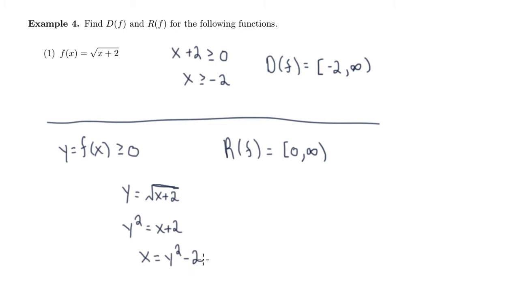Okay, so why did I do this? Because what this allows me to do is see, okay, for every y between 0 and infinity, I can actually find an input. What is the input? y squared minus 2. So that when I plug that input in here, I'm actually going to output y. And so I can actually conclude that the range of this function is 0 to infinity, including 0. And here, of course, was the domain.